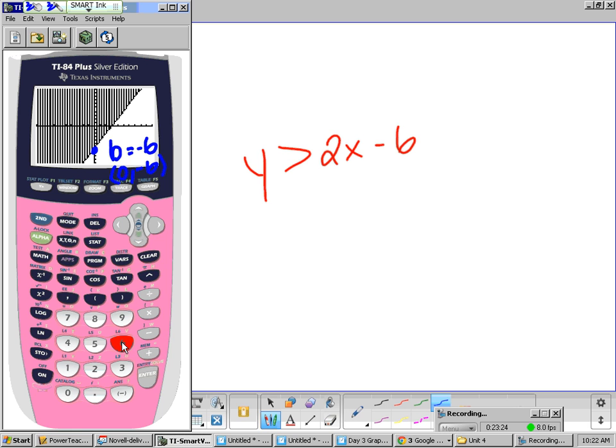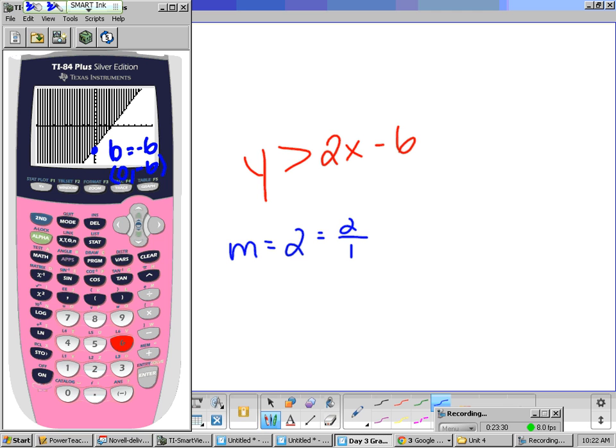And then you have m, your slope, is equal to 2, which means our rise over run is up 2 over 1. Now the only thing that your calculator does not do is it does not give you a dashed line when you are shading. Your calculator is most useful in checking your work, not doing your work for you.